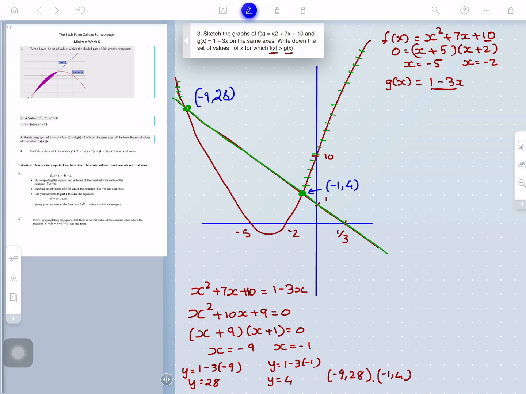Now we want the set of values of x for which f of x is above. So anything x less than minus 9.